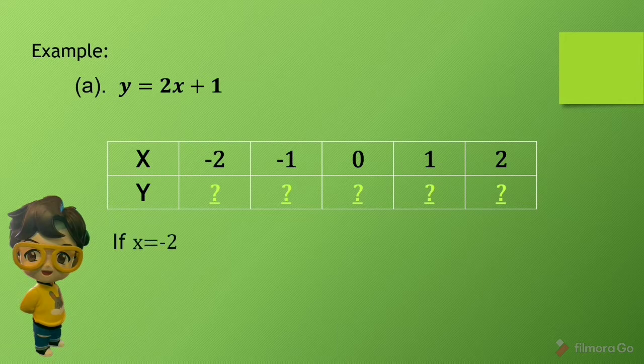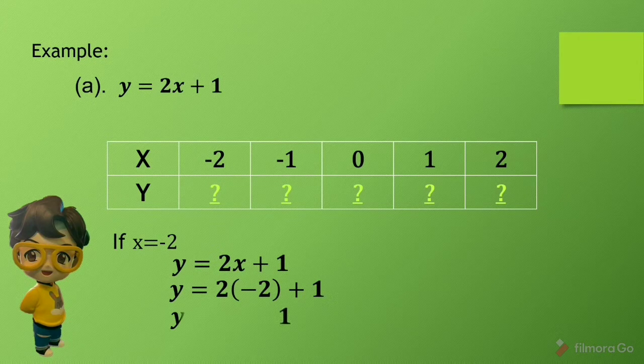If x is -2, what is its y? To solve for y, copy first the given function, which is y is equal to 2x plus 1, then substitute the given value of x, which is -2. So we have y is equal to 2 times -2 plus 1. 2 times -2 is -4.